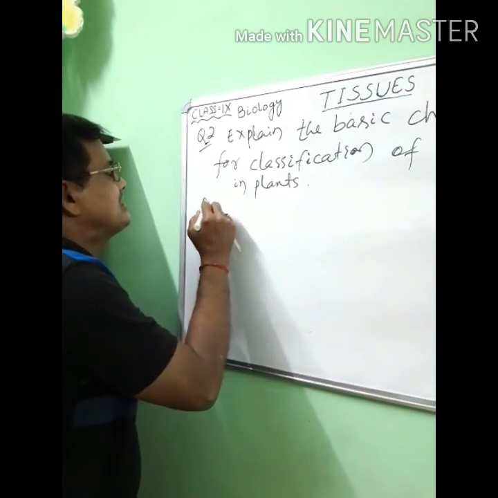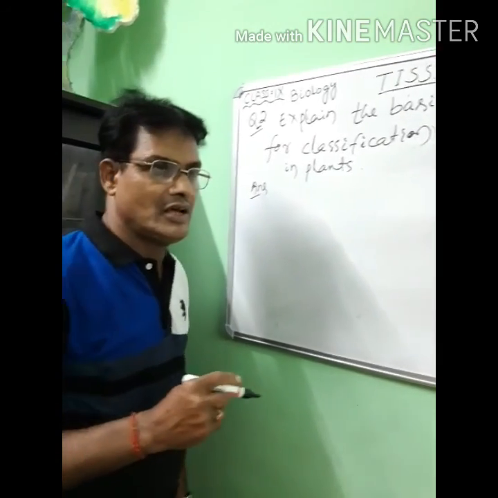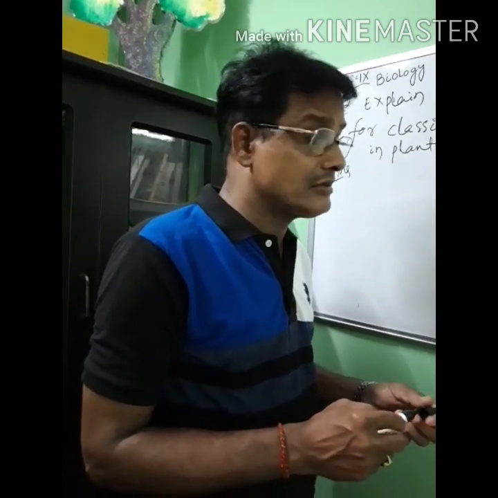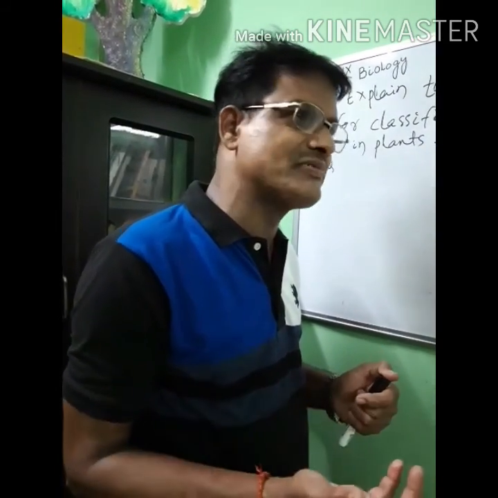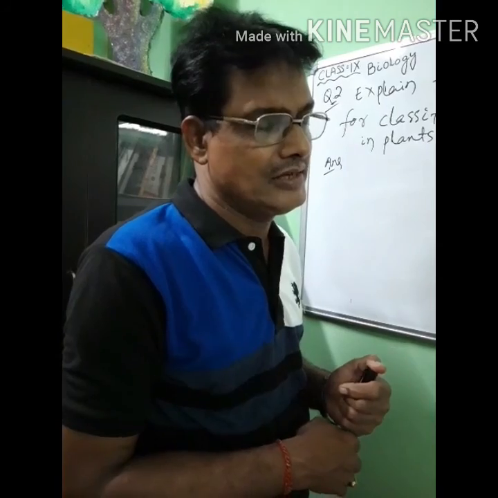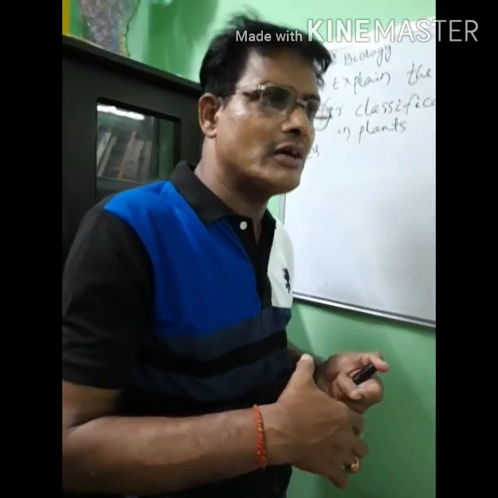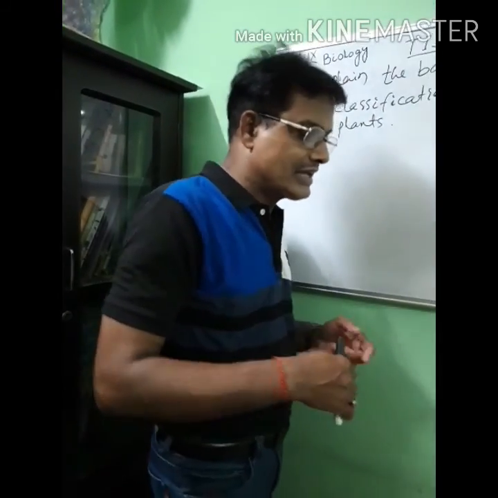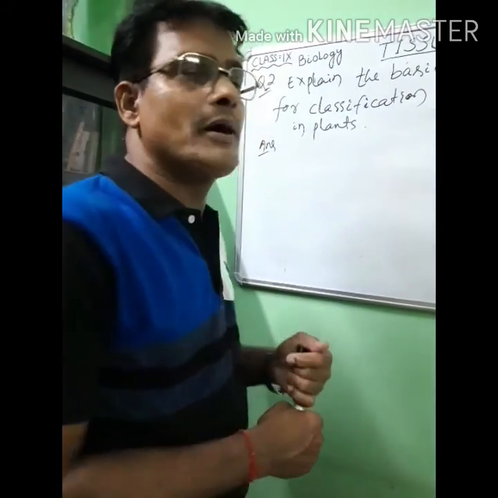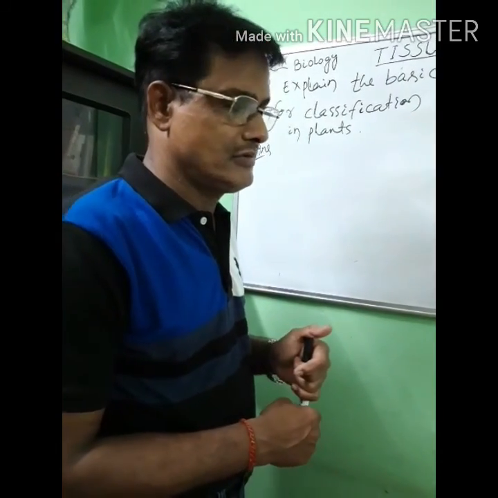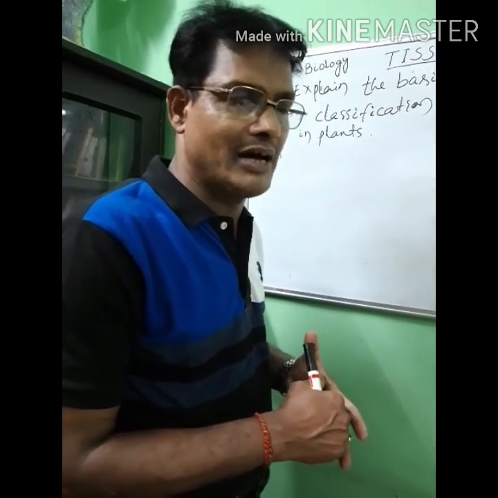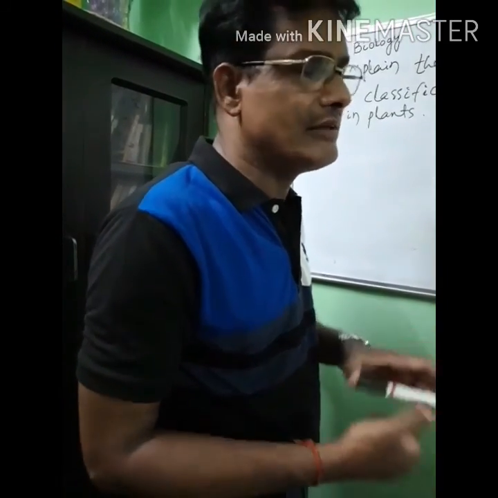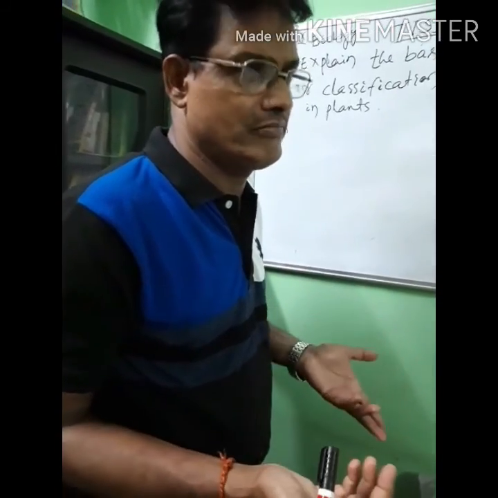So the answer is: whether the tissue is made up of one type of cells or more than one type of cells, that is, simple or complex permanent tissue. Second, on the basis of functions, whether it is supportive, meaning parenchyma, protective, meaning epidermis, or conducting, meaning xylem or phloem.